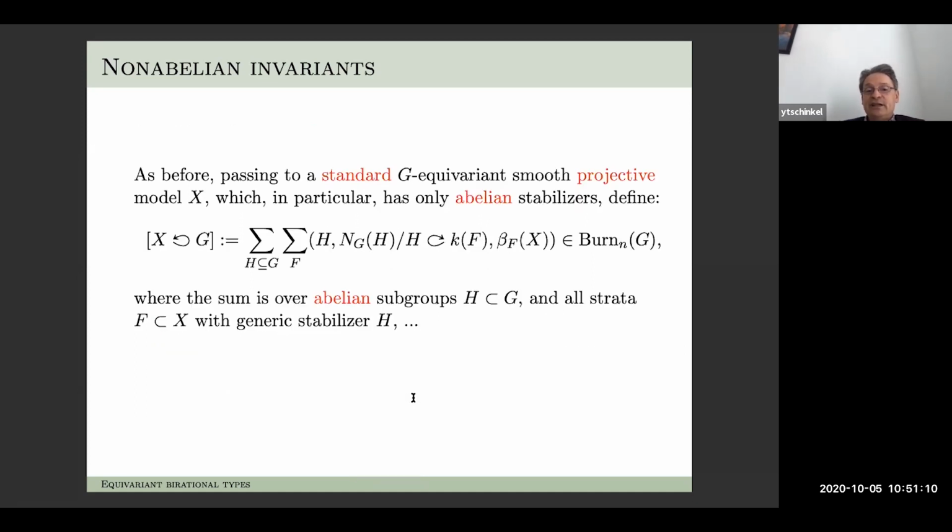And so the invariant of a variety is computed on a standard smooth projective model. On that, in particular, the only stabilizers that we have are abelian subgroups of G. And so we sum over all abelian subgroups of G. We look at the corresponding strata. We look at the weights of the normal bundle to the stratum.